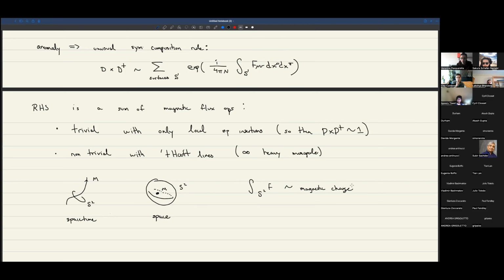And so when you have 't Hooft lines inserted, the right-hand side will become a non-trivial operator. This is intuitive: I said that the divergence of J integrates to 0 on R4, but once you have enough magnetic charges inserted, you'll see the non-trivial integral of the divergence of J over space-time.